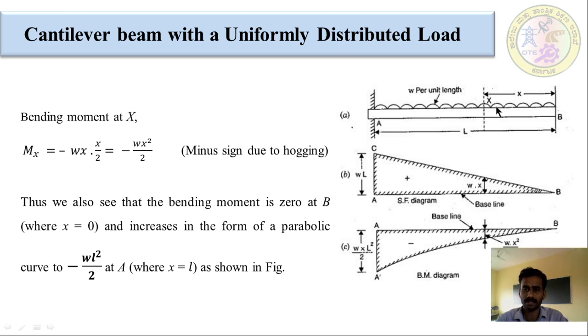considered distance. We are considering only from x to B. So the considered length will be x, and the load is W. So you have to replace the UDL with a point load. We have to replace the UDL with an equivalent point load, and that point load acts exactly at the center of the distance x.